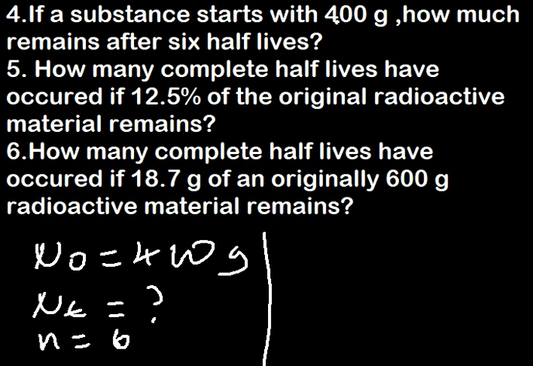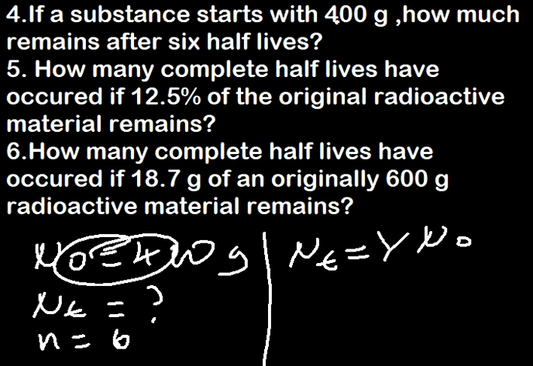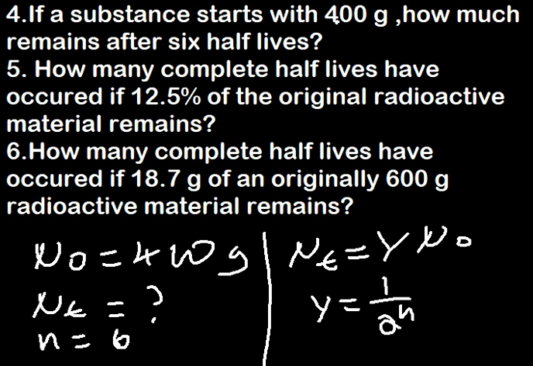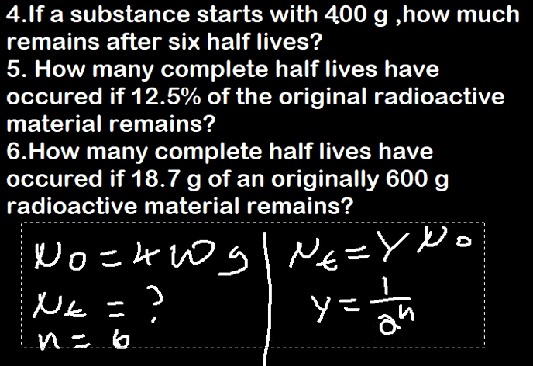Of course, we understand that the formula for the amount of a substance remaining after some time, if we have been given the number of half-lives, has to be given as the fraction remaining times the initial contents. We have the initial contents, and what we need is the fraction remaining, of which the formula is given as y is equal to 1 over 2 to the power n. So that is the beauty of that first question. That is question number 4.